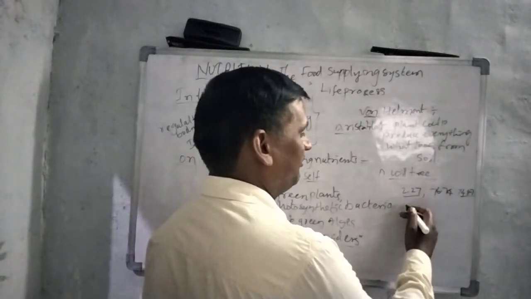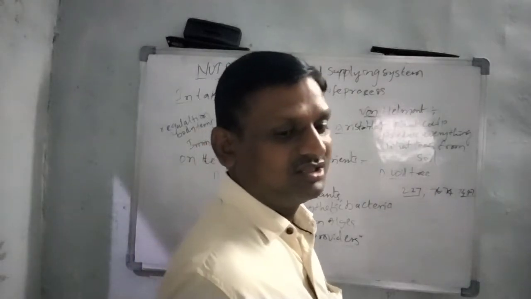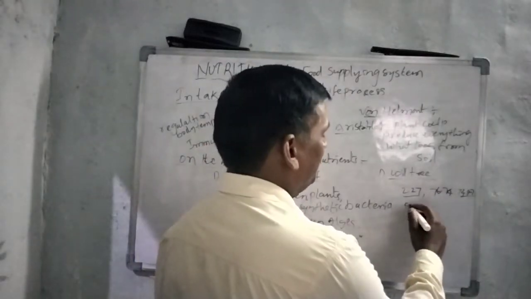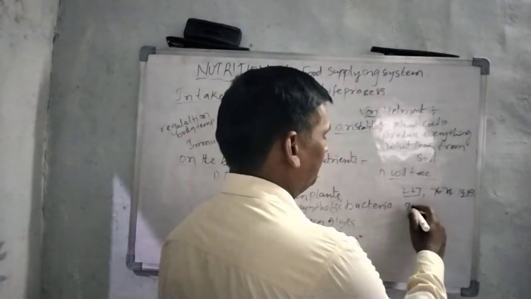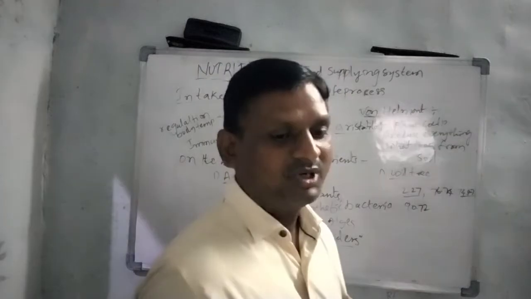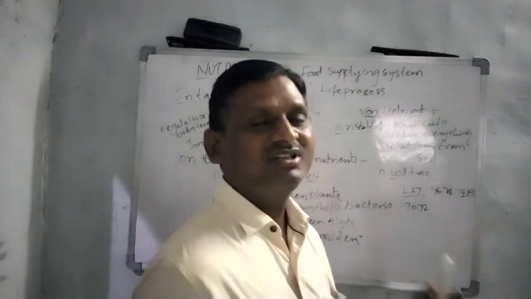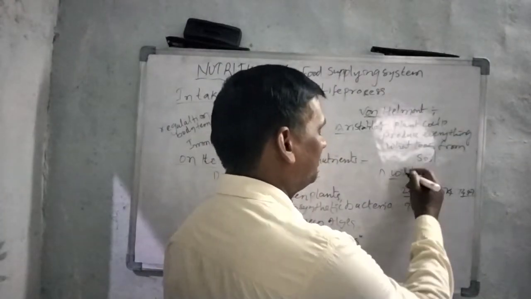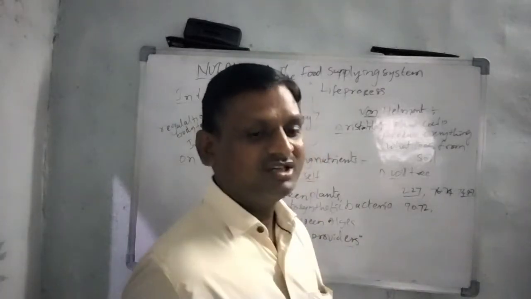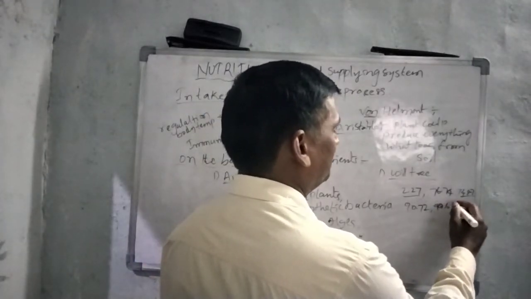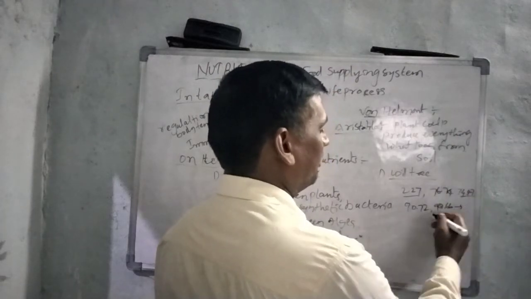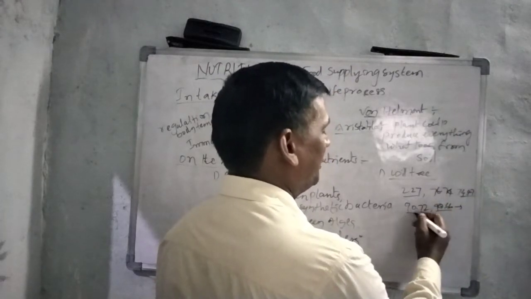Suppose the dry soil weight at the start was 90.72. But after the 5 years, the dry soil weight is 90.66. So how much difference has come?